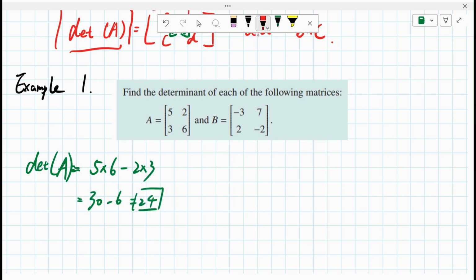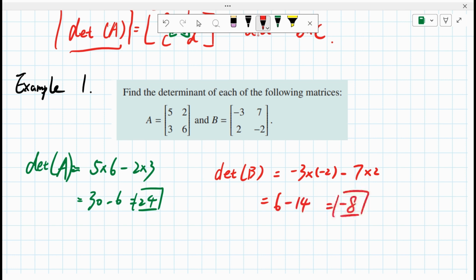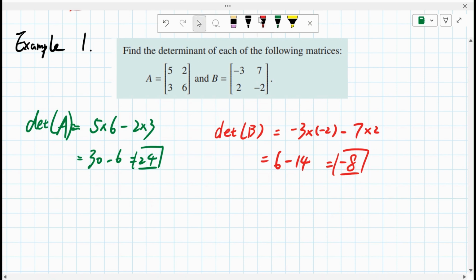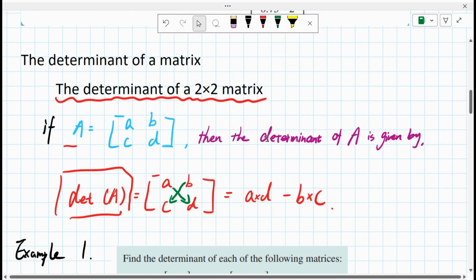And for B, the determinant is minus 3 times minus 2 minus 7 times 2. So that's 6 minus 14, equal to minus 8. So the determinant can be negative. Hopefully that makes sense for you guys.